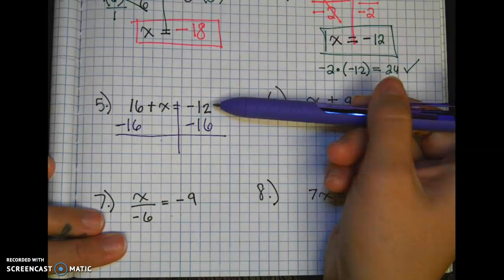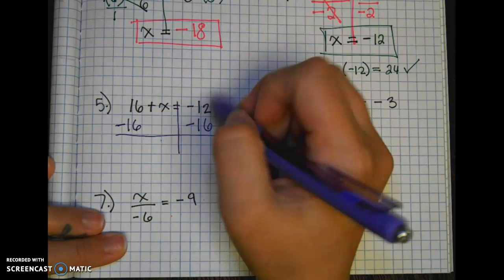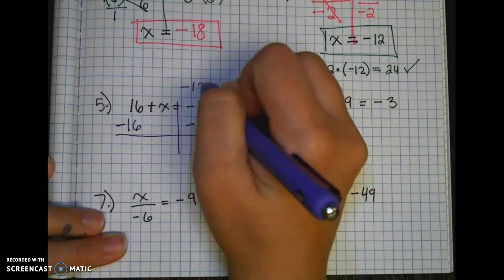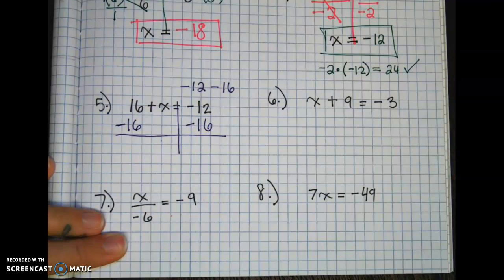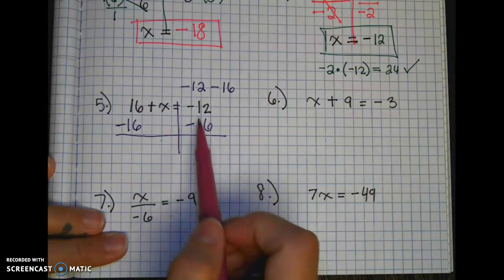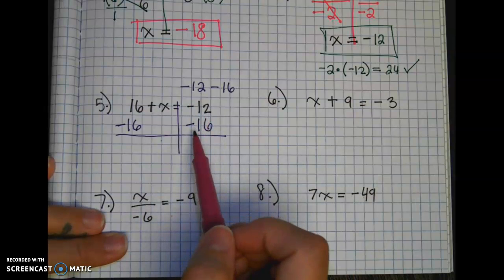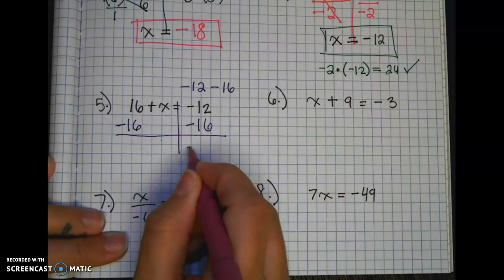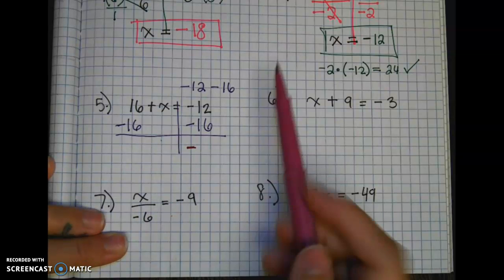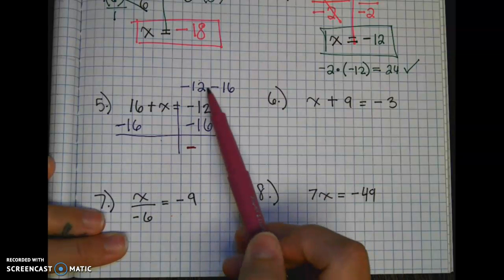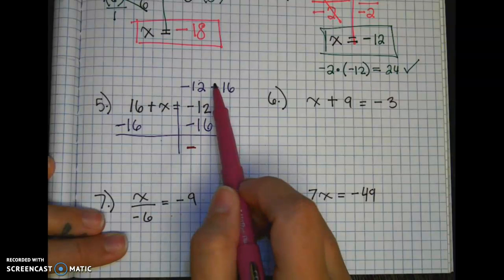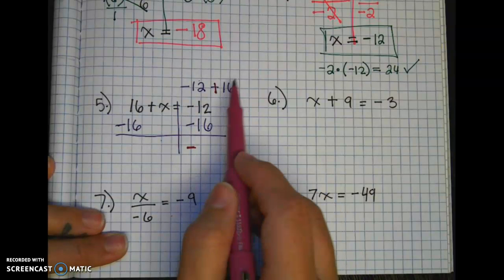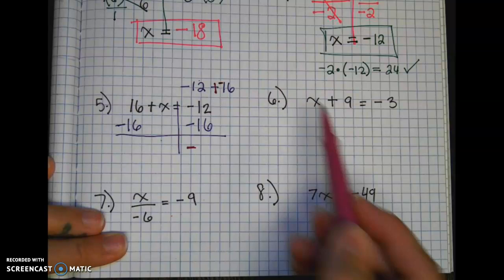So now I'm dealing with 2 negatives. How this is written out is like this, negative 12 minus 16. If you can remember that anytime you see this, it's going to become more negative. Remember the keep change rule? Keep this negative 12, change the minus to a positive and change this positive 16 into a negative.